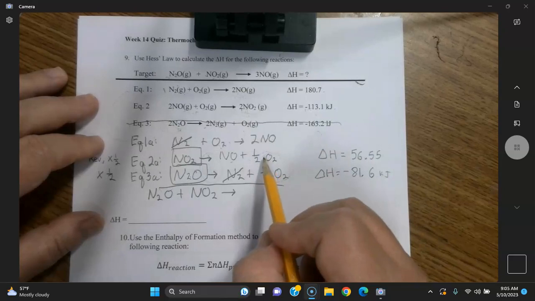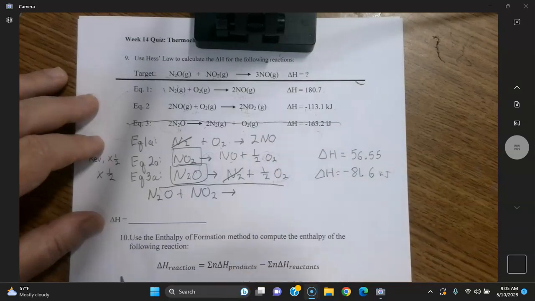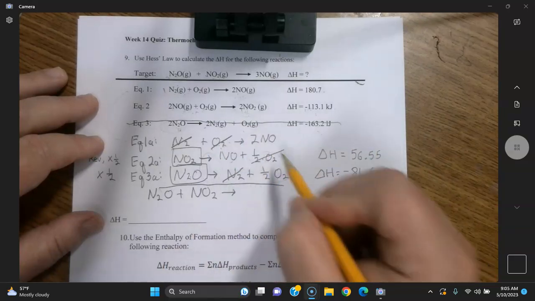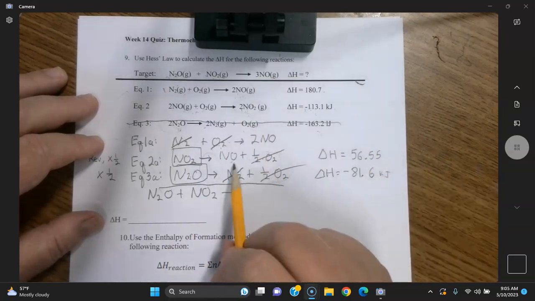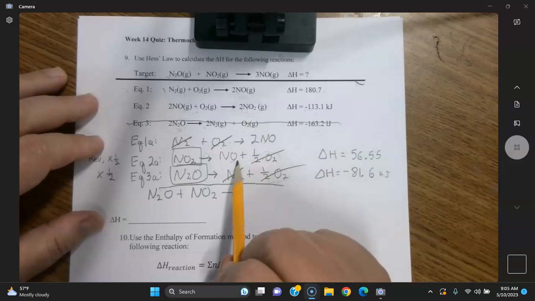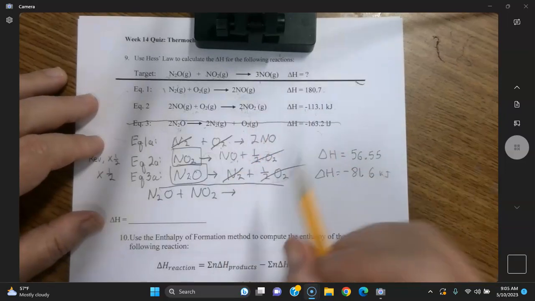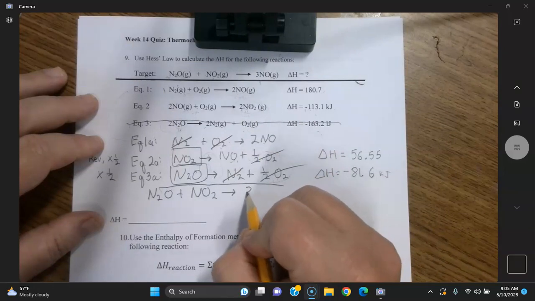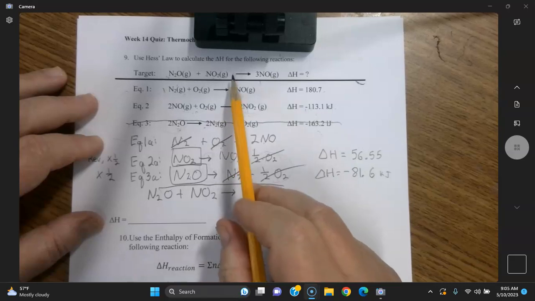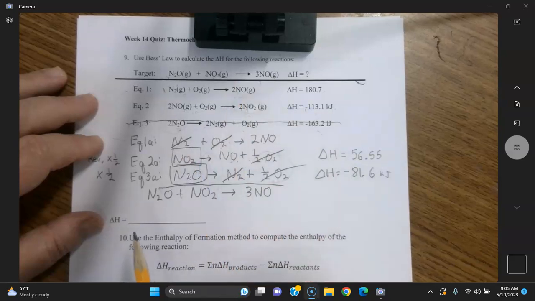Okay, 1 minus 1/2 minus 1/2 is 0, so the oxygen is gone. So we can cancel those out. And finally, here we have, this was the tricky part, we have a 2NO and an NO. They add together to make the 3NO that we have up here. So the equation, we've been able to replicate this target equation with these equations down here.